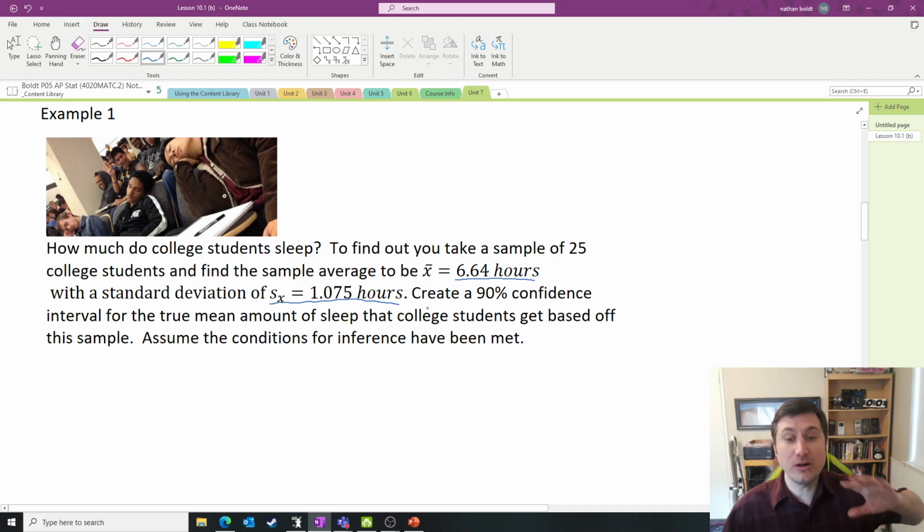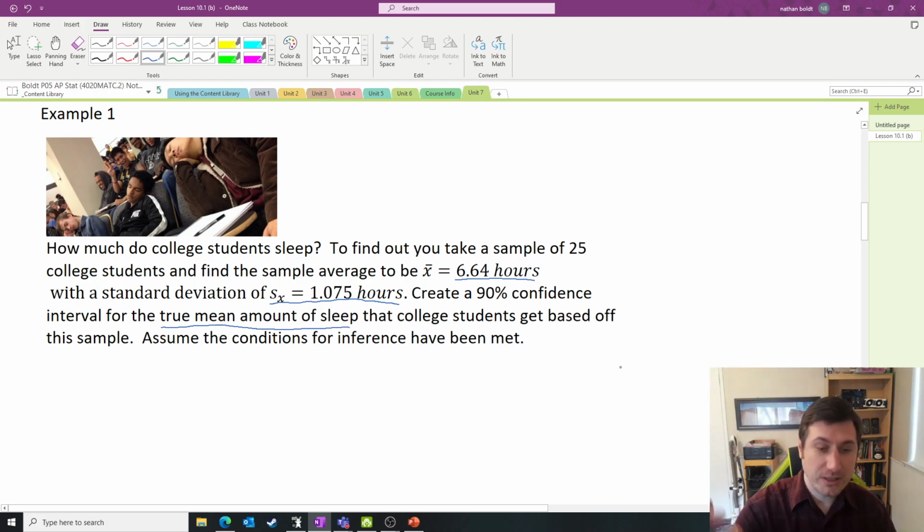We can do all that because this is quantitative data. We're asking them a number, so we can find the average of a number. It's not categorical anymore. Create a 90% confidence interval for the true mean amount of sleep that college students get based off of this sample. Assume the conditions for inference have been met.